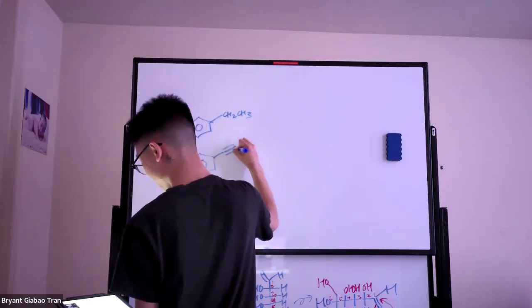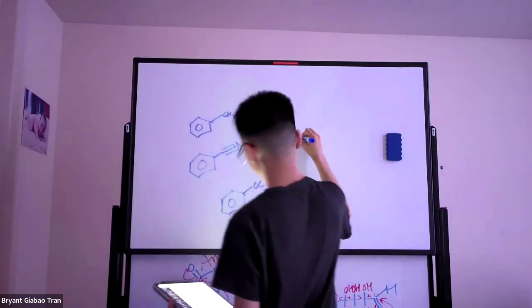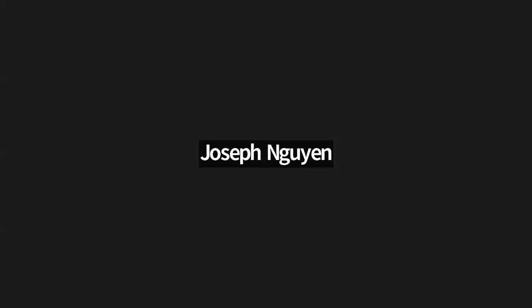Wait, let me think. Okay, so carbonyls do meta. Yeah, because carbonyls are electron withdrawing groups. Right. Okay, so withdrawing does meta, with the exception of halides, because halides are electron withdrawing but ortho-para.